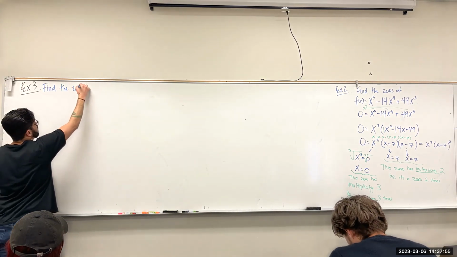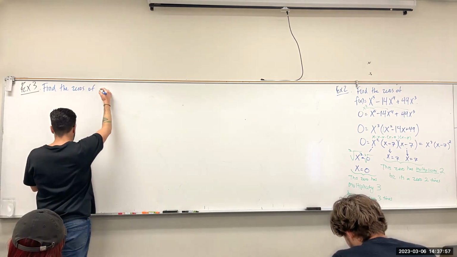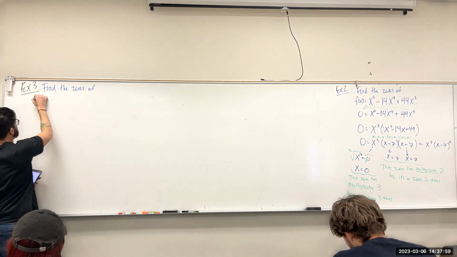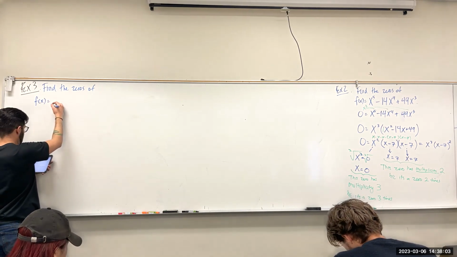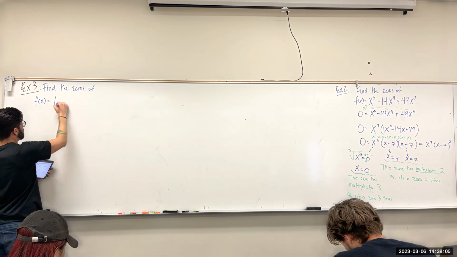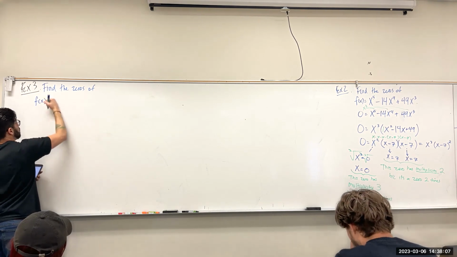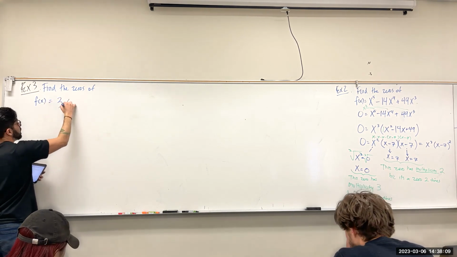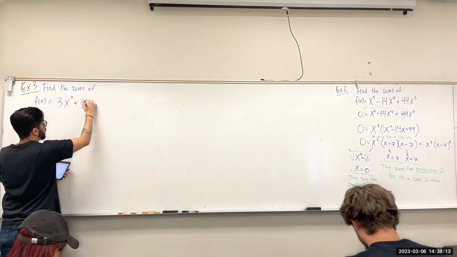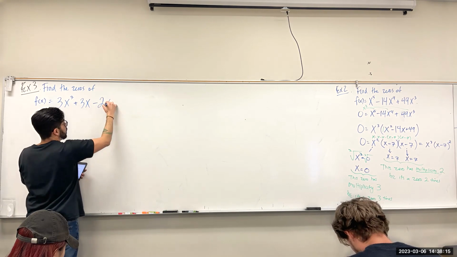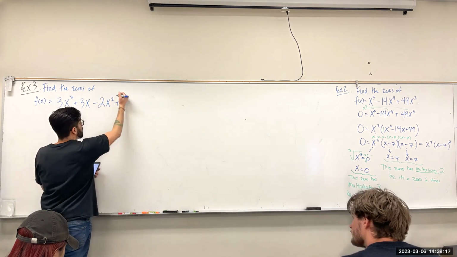Find the zeros of f of x equals 3x to the third power plus 3x minus 2x squared minus 2.